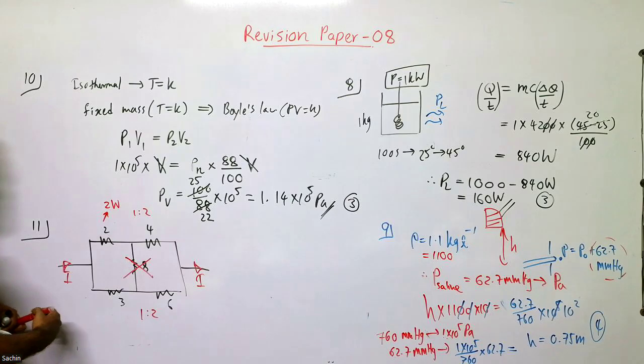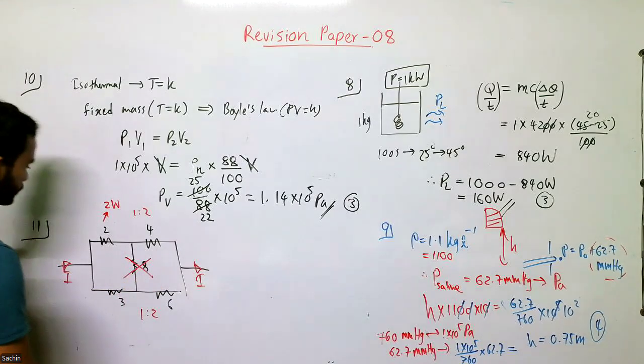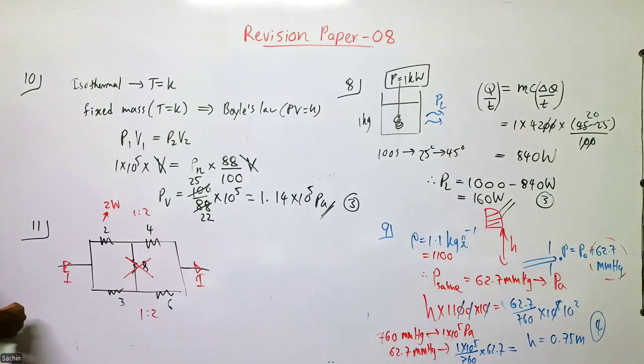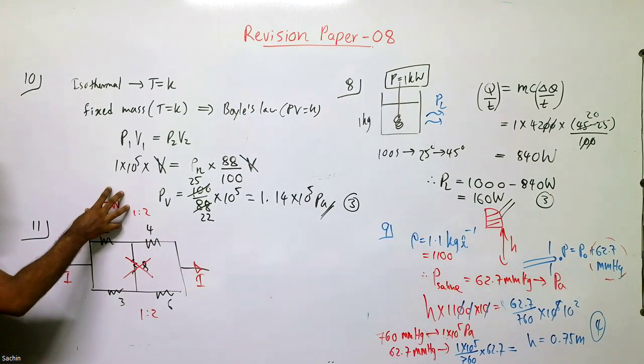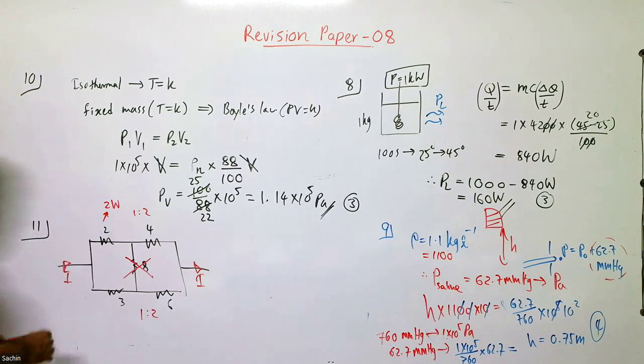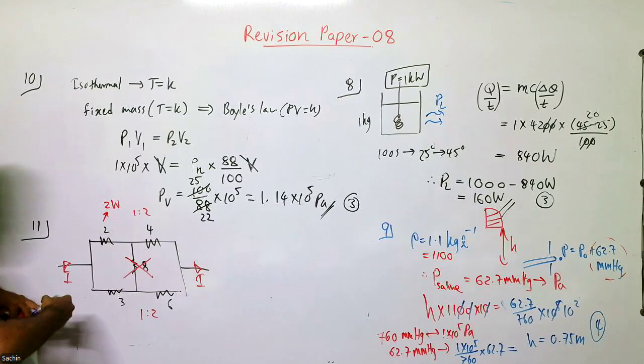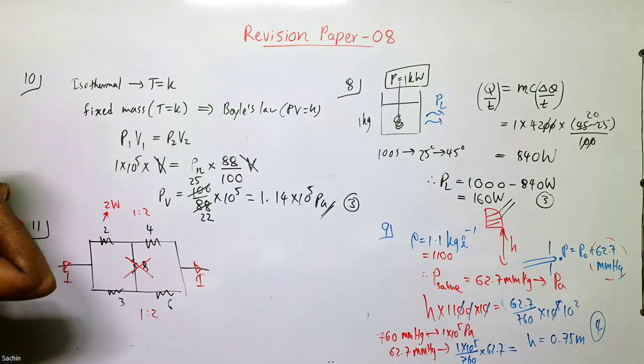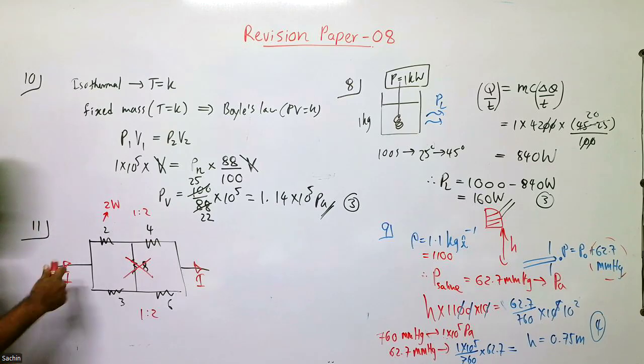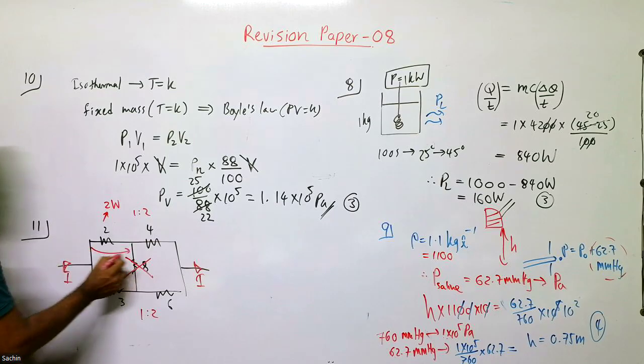Okay, so they are asking the total power, right? What have you been given? You have been given the power dissipated by the 2 ohm resistor. So with that power, you can either calculate the current passing through this resistor or the voltage. In this case, it is easier if I evaluate the voltage using the given data.